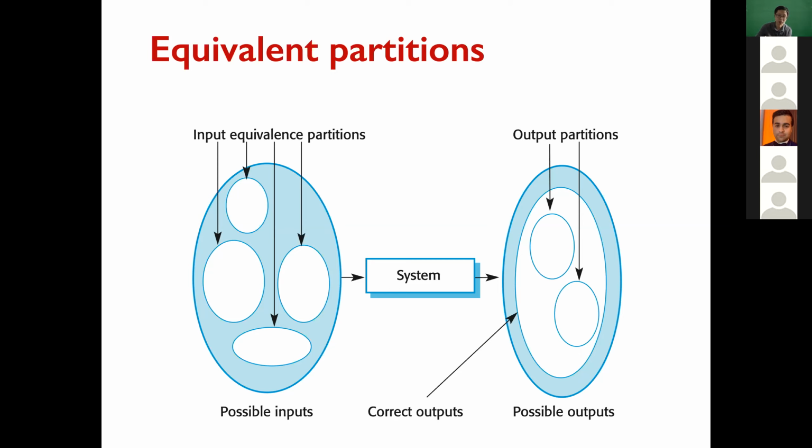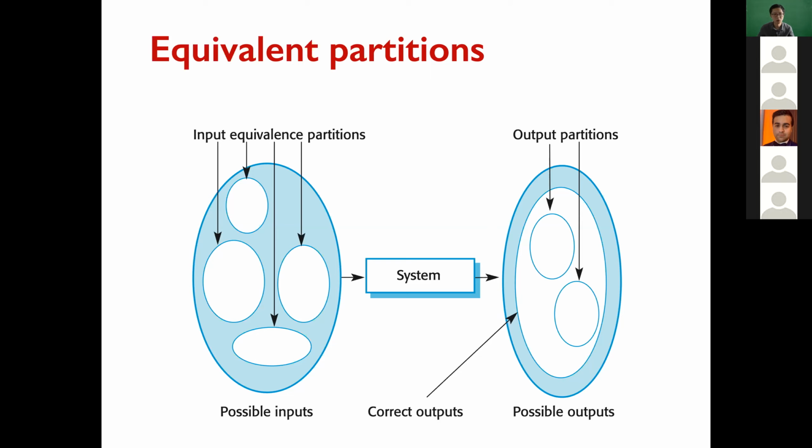Also, for the outputs, we can have other equivalent partitions. After we have such equivalent partitions, we can just choose a small number of test cases from each partition, right? We don't need to choose all the possible values because they are very similar.